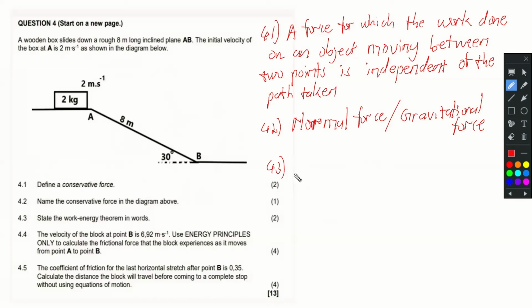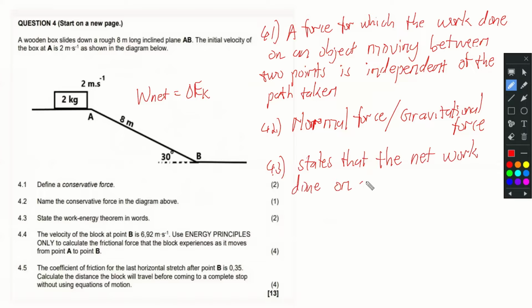Now we have 4.3. So note how easy it is to bag marks in this topic. State the work energy theorem in words. Again, you remember W net is equal to change in EK. And then the net work done on an object is equal to the object's change in kinetic energy. So it states that the net work done on an object is equal to the object's change in kinetic energy.